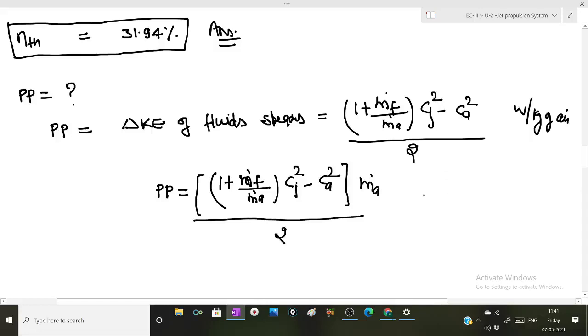So now its unit will be watt, because kg per second of air will be cancelled by kg per second of air of this m dot a.